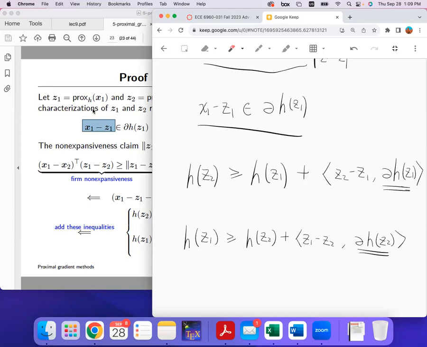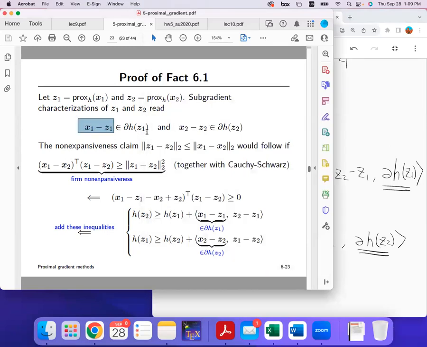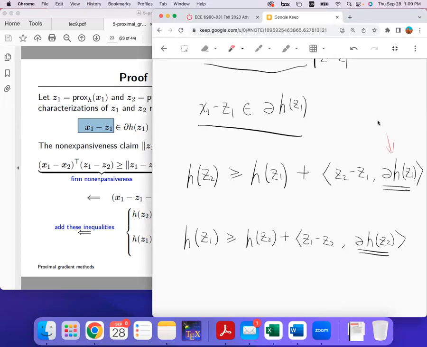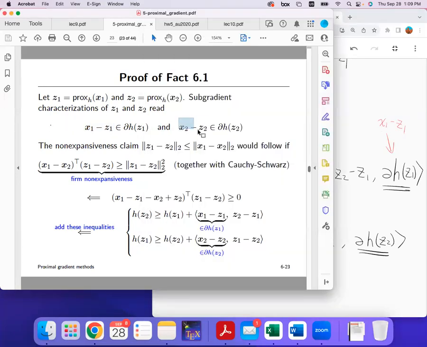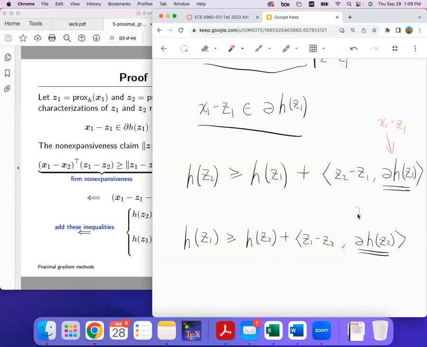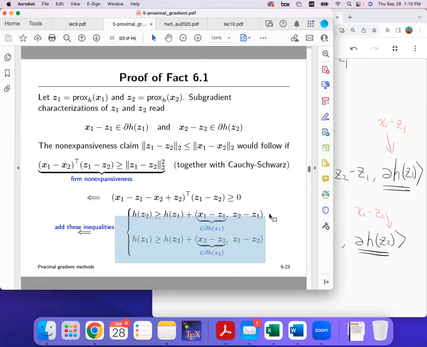We just showed that at this z1 point, it must satisfy this inclusion property. So I can plug in x1 minus z1 into here, and x2 minus z2 into here. And this gives me these two sets of inequalities where we plug in these subdifferential vectors.